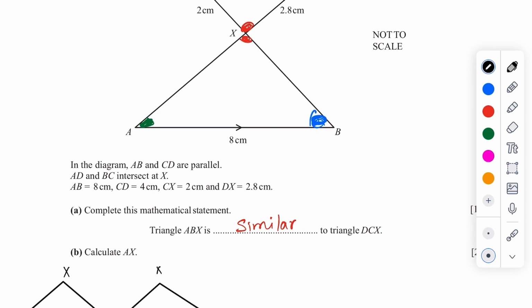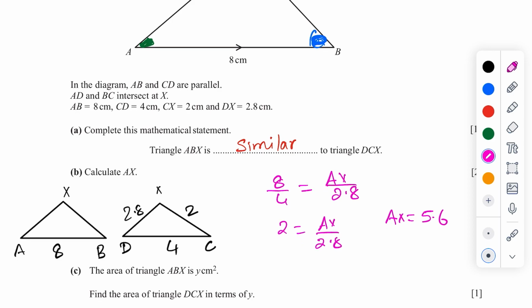So now AX, we have to find out. AB is 8, CD is 4, XC is 2, XD is 2.8. So when they are similar, the ratio of the corresponding sides: 8 upon 4 equals AX upon 2.8. So 2 equals AX upon 2.8, AX equals 5.6.